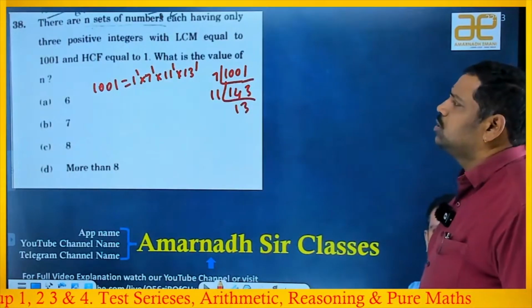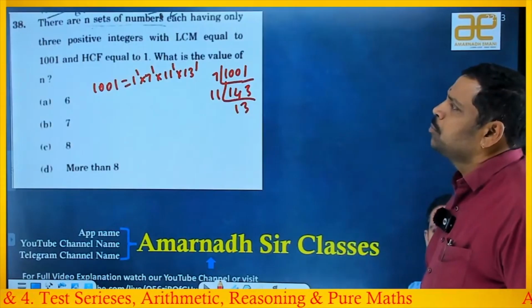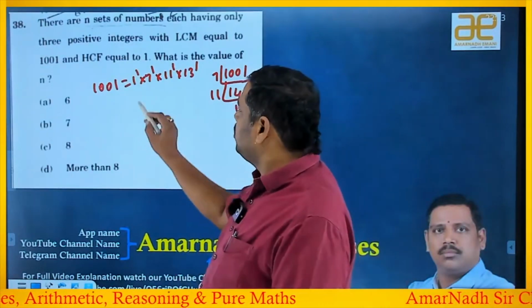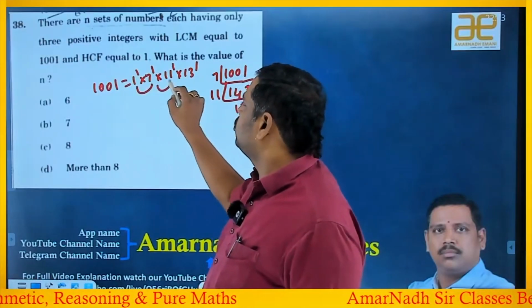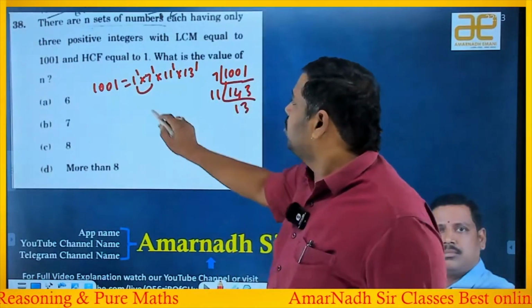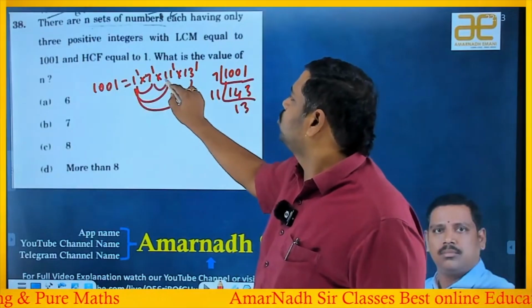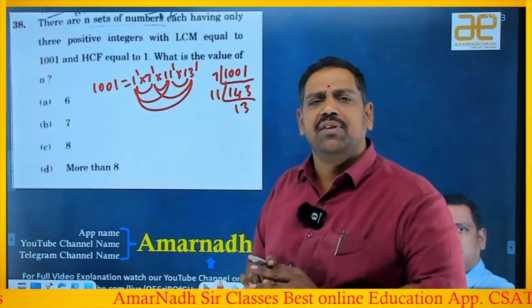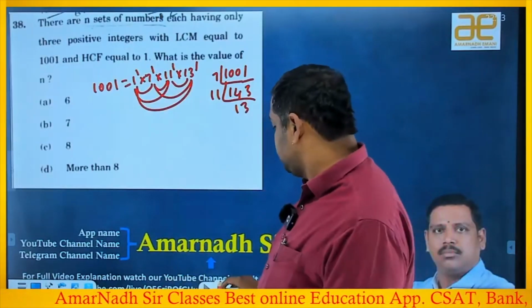So the point he is asking is HCF is 1, right? HCF is 1. Observe these are co-primes, any two numbers are co-primes, so definitely the HCF will be 1 only.